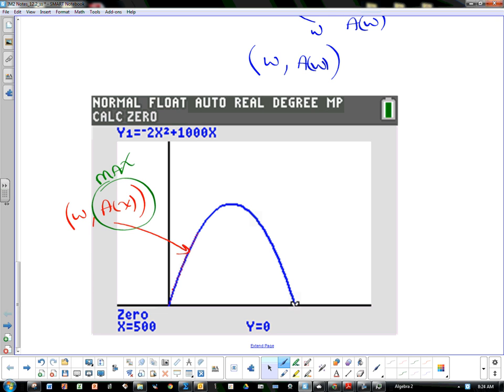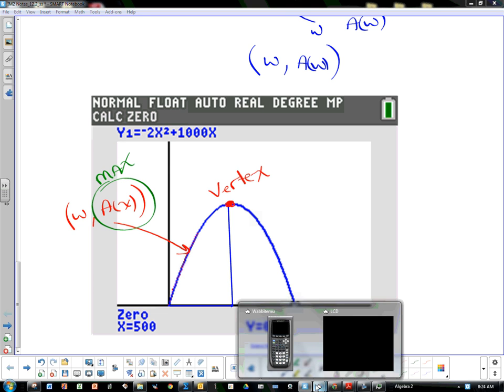Yeah, I believe so. And here's what it would look like if we travel to the right along the x-axis, and then we travel up. We're going to be looking for that vertex. That's what we want to find, the maximum. And we did that yesterday on the calculator. Let's try it again.